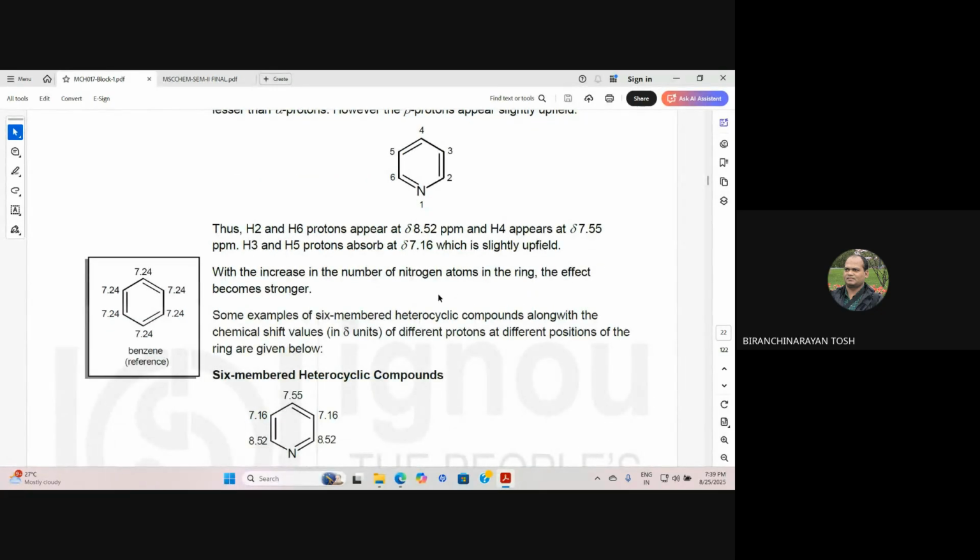But in the case of benzene, you can see all are at 7.24 because all the protons are symmetrical, so they will all absorb in the NMR region at 7.24.